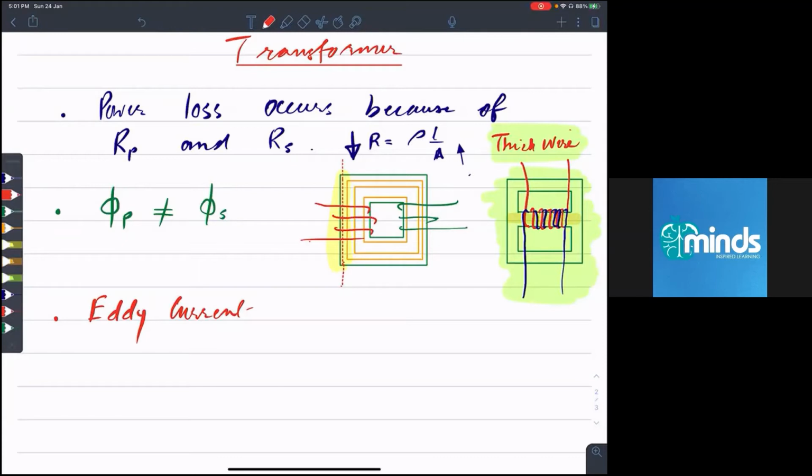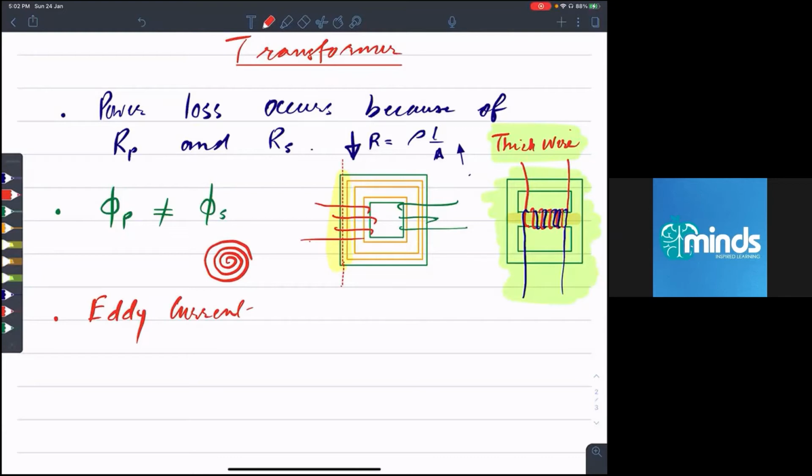Does it mean circulating? Eddy actually means circulation. Eddy actually means swirling effect. You might have seen this swirling effect. Eddy means circulation. When flux through the magnetic core changes, induced current is generated in the magnetic core.